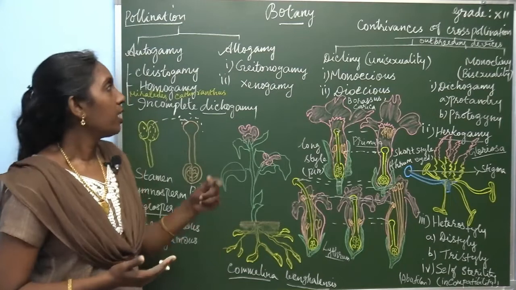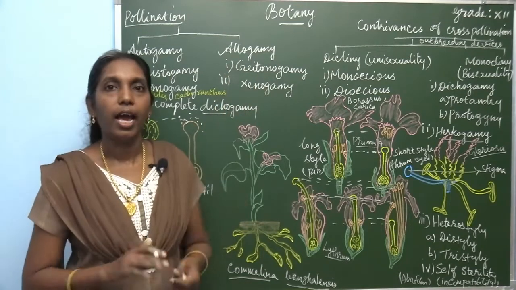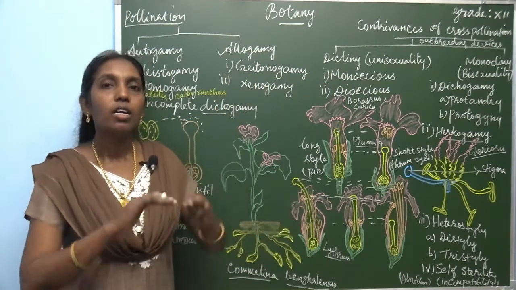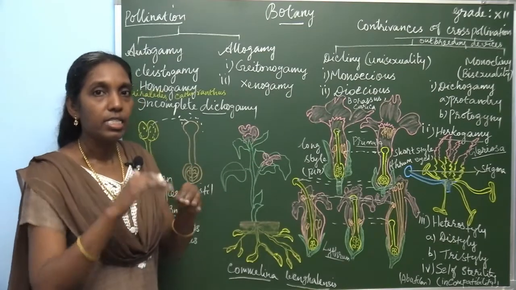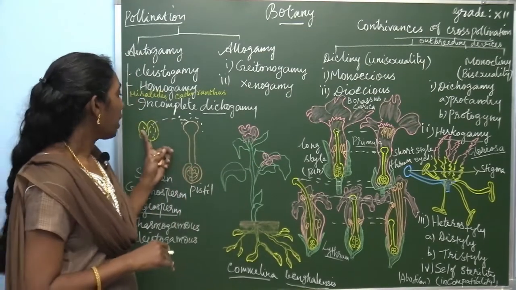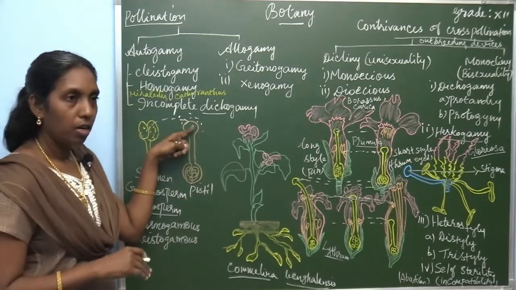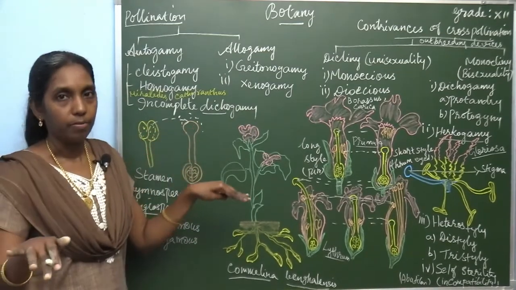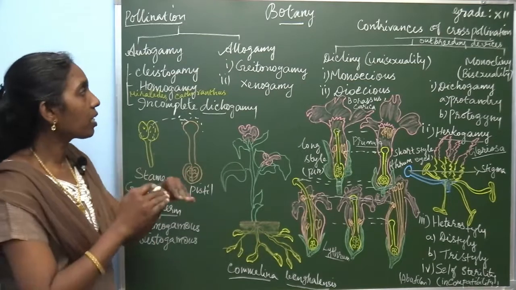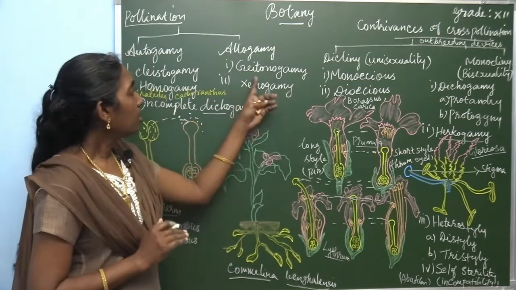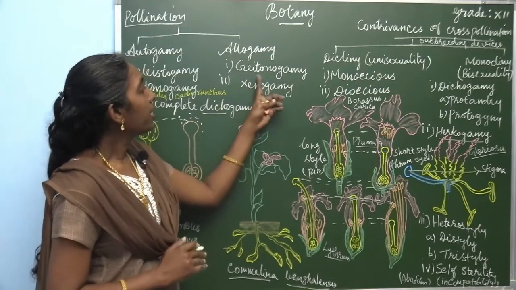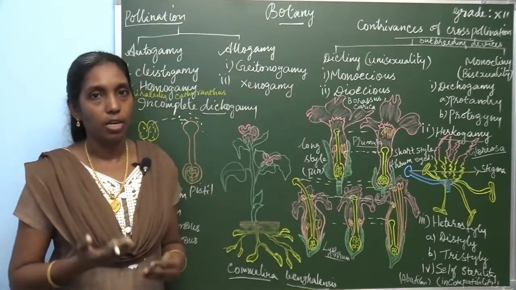Another type of pollination is allogamy. Allogamy is cross-pollination, where pollen grains are transferred from the anther to the stigma of a different flower. It is classified into two types: geitonogamy and xenogamy.